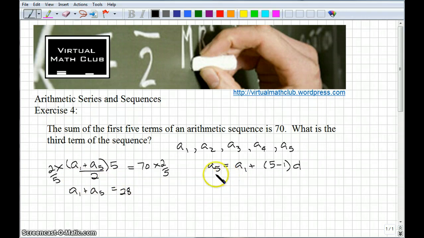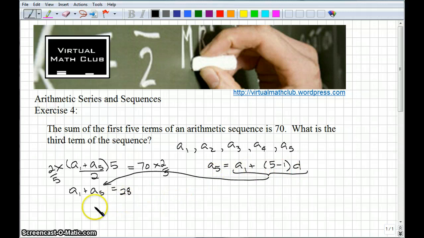And I also know that A5 is equal to this. So I think what I'm going to do is take this thing right here, and replace, over here where I see an A5, I'm going to replace it with this, because then I still have 2 variables, but I have D instead of A5.